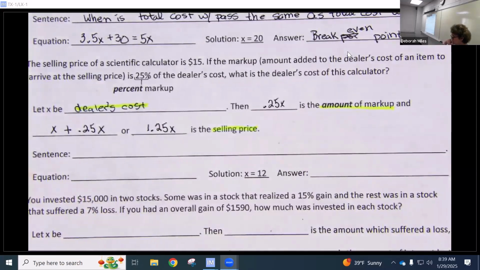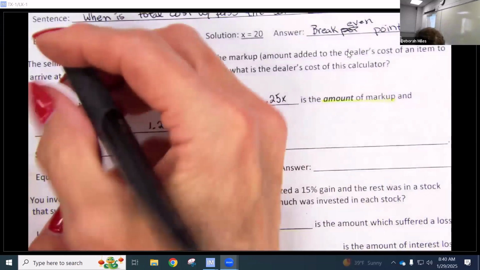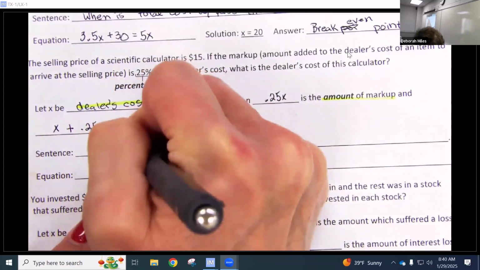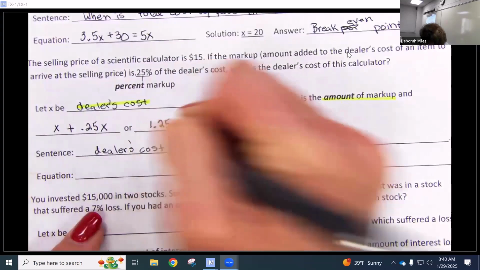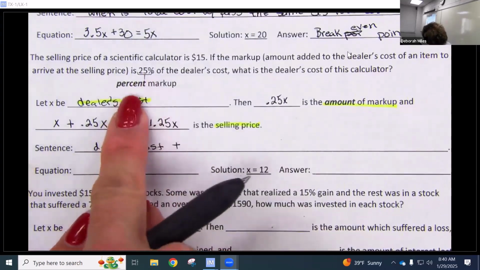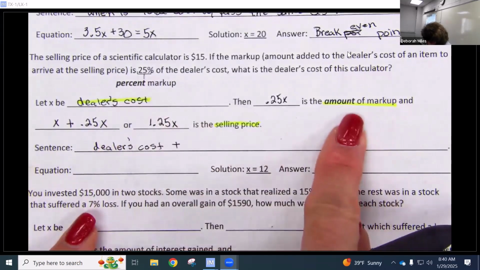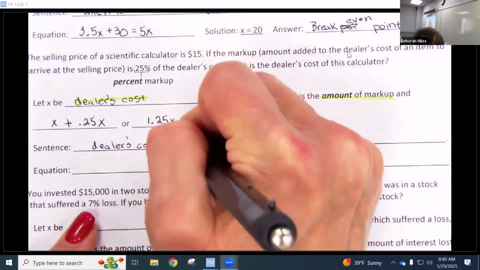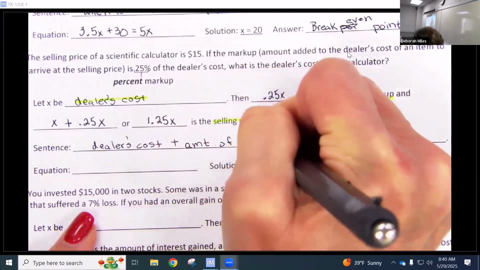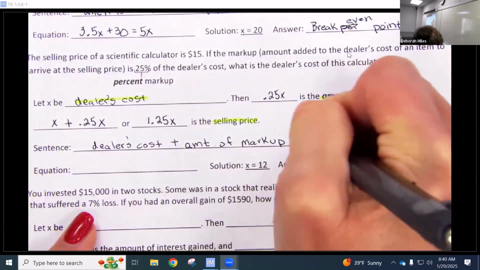Dealer's cost is the base price plus 25%. Well, what I have highlighted there is the dealer's cost plus not just the 25%, not the percent markup, but the amount of markup. The dealer's cost plus the amount of markup is the selling price.